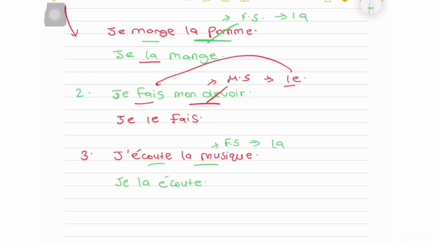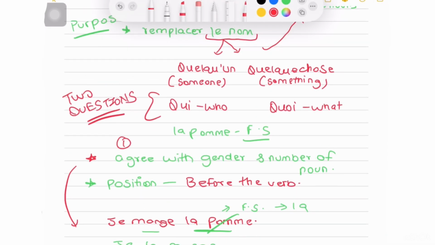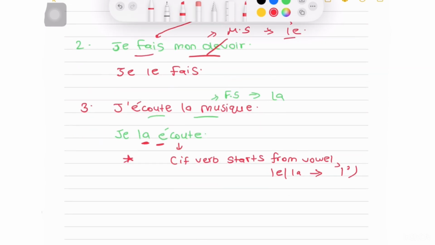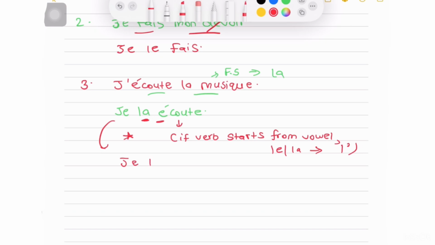But this sentence is incorrect. Why? Because now the vowel clash is happening over here, which is why l apostrophe is used. L apostrophe is used whenever your verb starts with a vowel. It is not about the noun, it is about the verb. Note this, it is again extremely important. So instead you get je l'écoute.